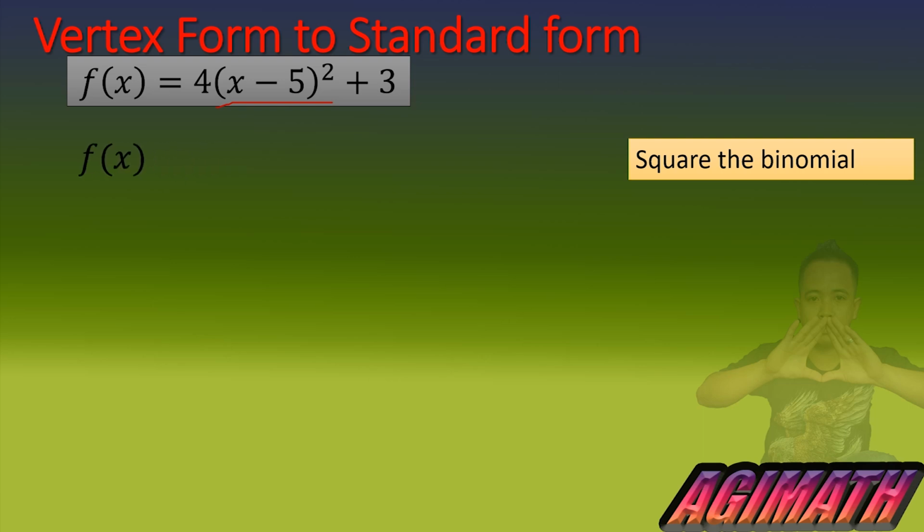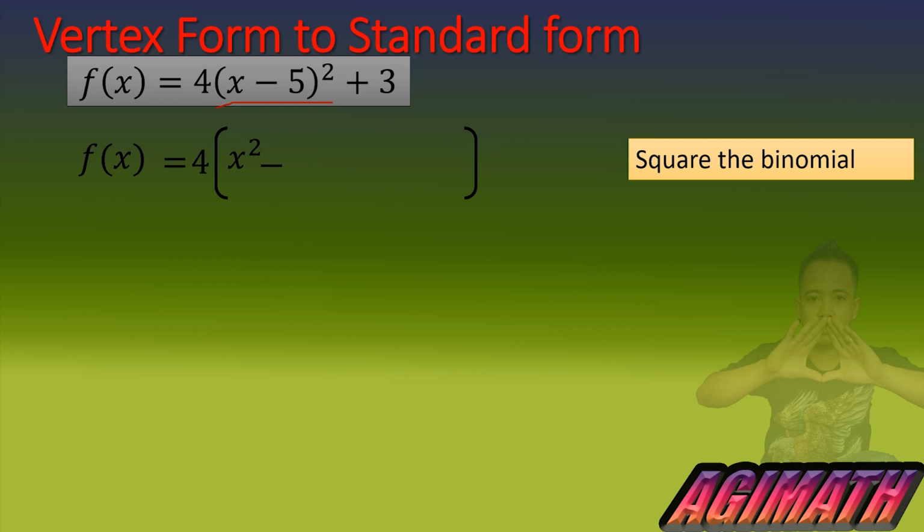So copy f of x equals, copy 4, just relax 4, and then squaring the binomial. To square the binomial, we are going to use the special product. You are going to square the first term. The first term is x, so that is x squared. And since this is minus, this is also minus.